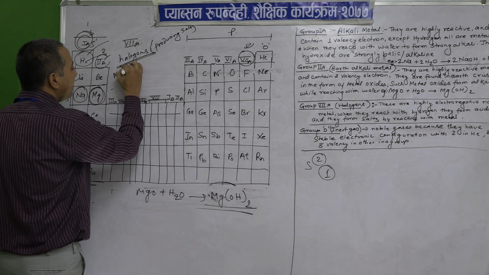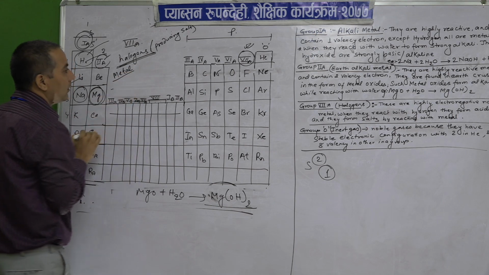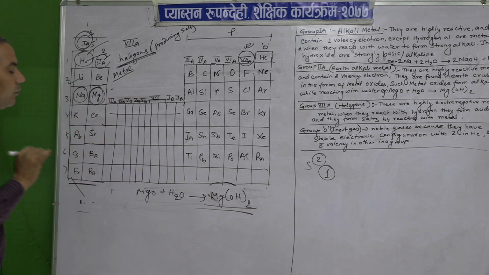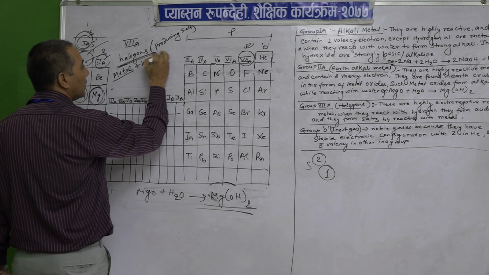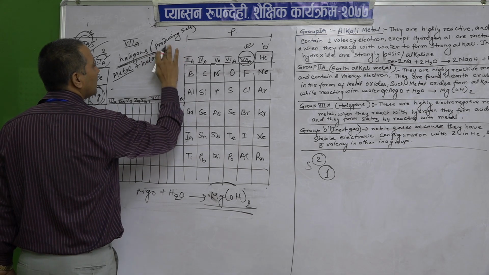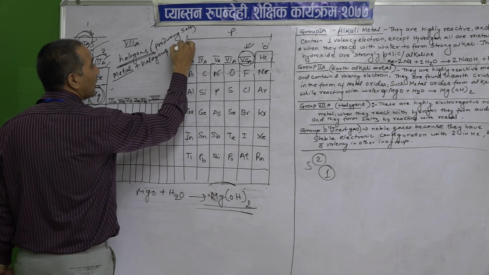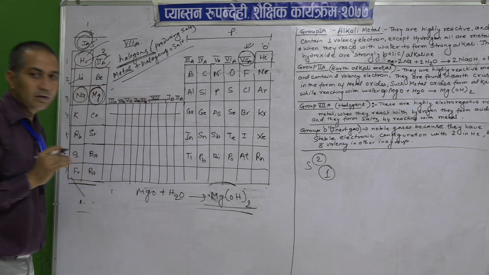When they react with metal, they form a salt. Metal plus halogen produces salt. Understand what I said?